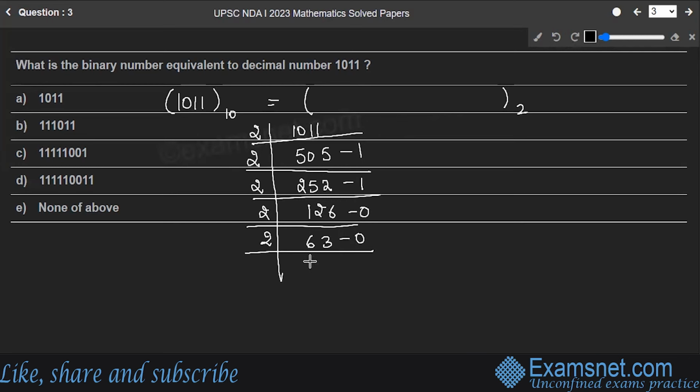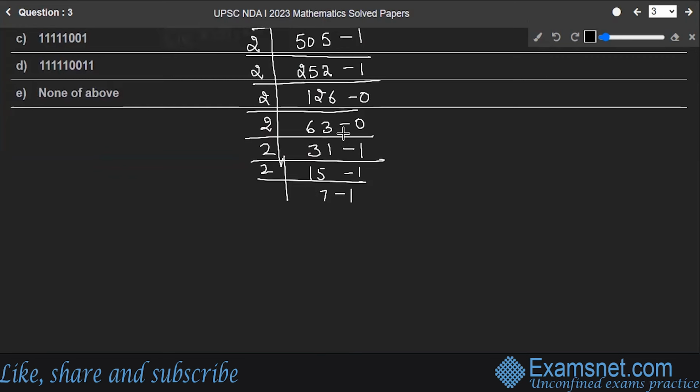Then 31, remainder of 1. 15, 1. 7, 1. 3, 1, then 1, 1.